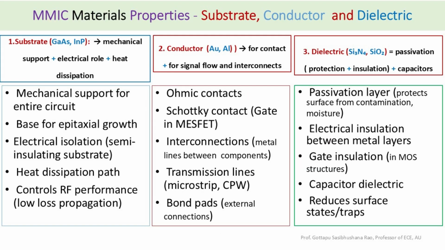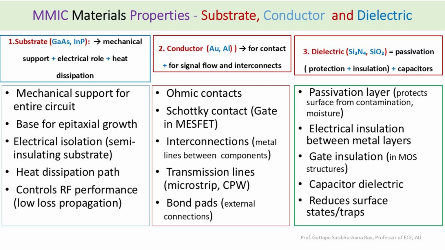This slide shows the main material groups used in MMIC fabrication. The substrate, such as GaAs or InP, provides mechanical support, supports epitaxial growth, gives electrical isolation, and also influences RF performance and heat dissipation.